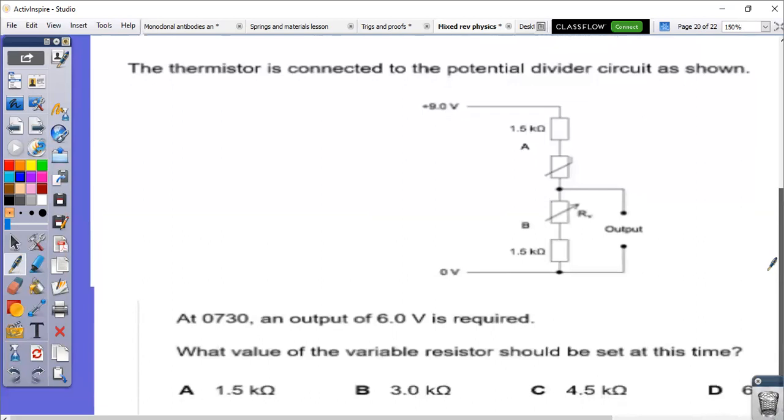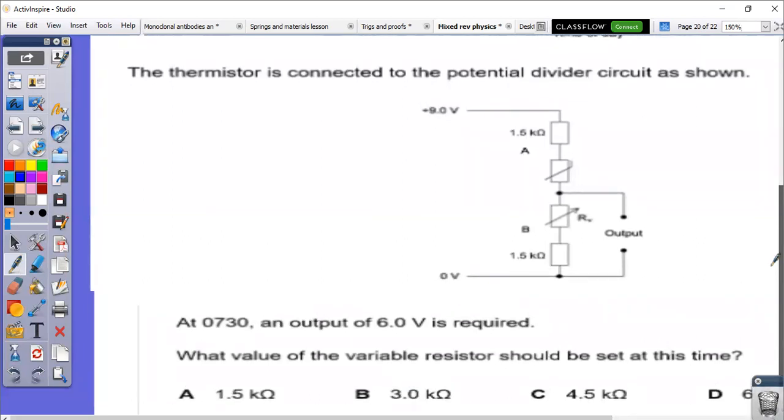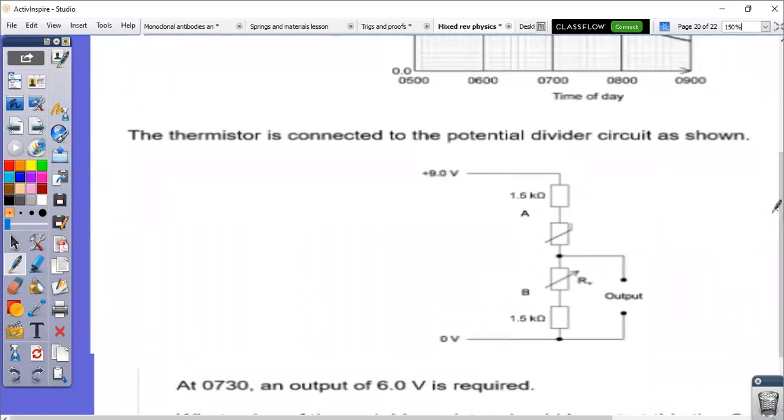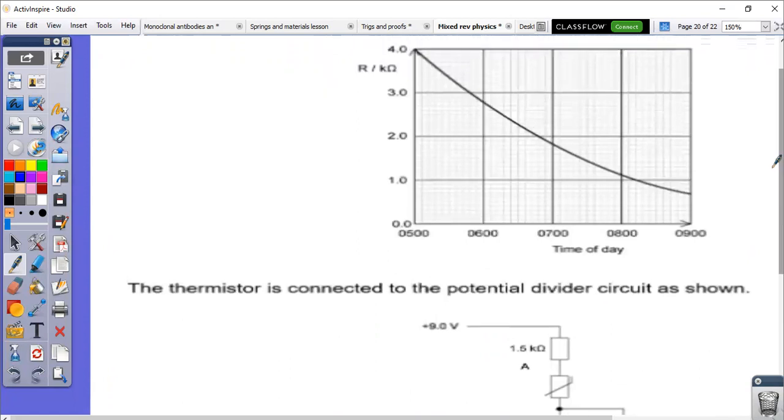It's saying, at 0730, an output of 6 volts is required. What value of variable resistor? 0730. Yeah, so it's halfway. There we go. Is that right?